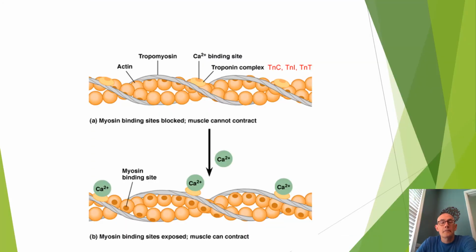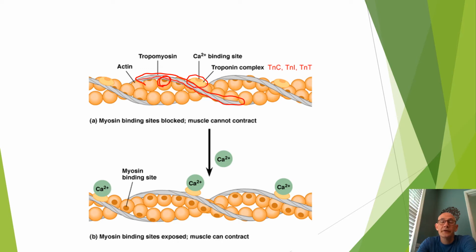So when we look at the actin up close, there is a protein wrapped around it called tropomyosin. And what the tropomyosin does is it blocks this little spot where the myosin head, that purple paddle, binds. And on the tropomyosin, there is something called troponin.